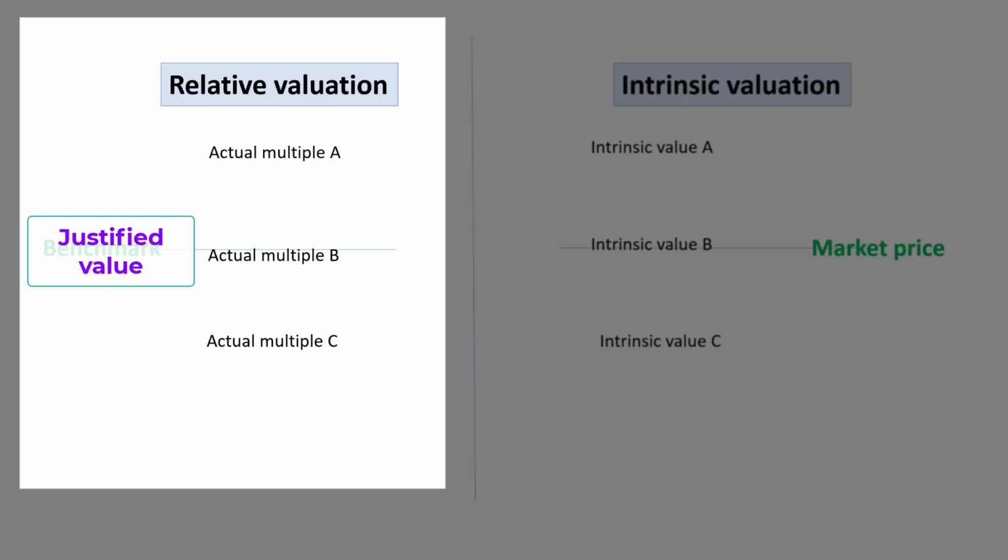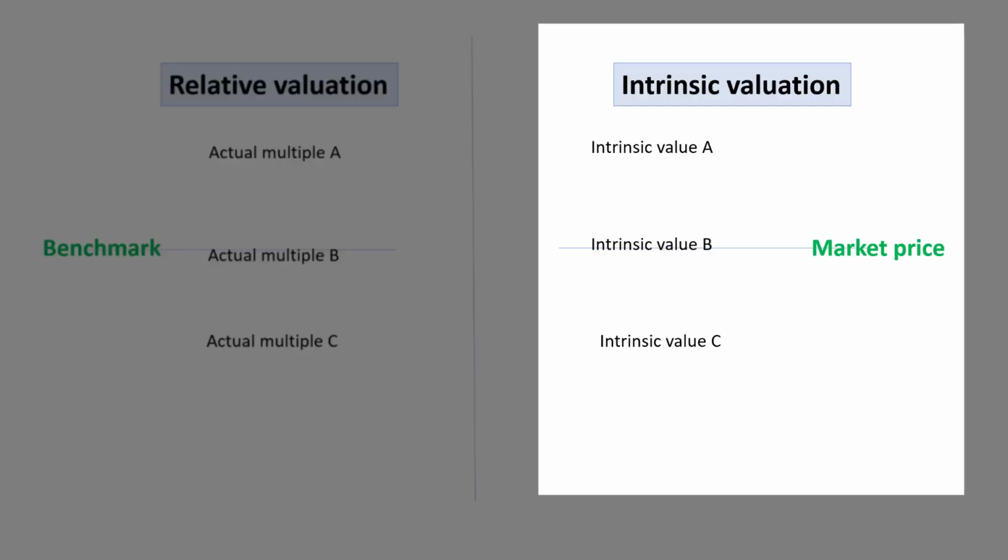In case C, the actual multiple is below the level at which it is justified, and therefore in case C, the share is undervalued, and the investor action would be to buy that share.